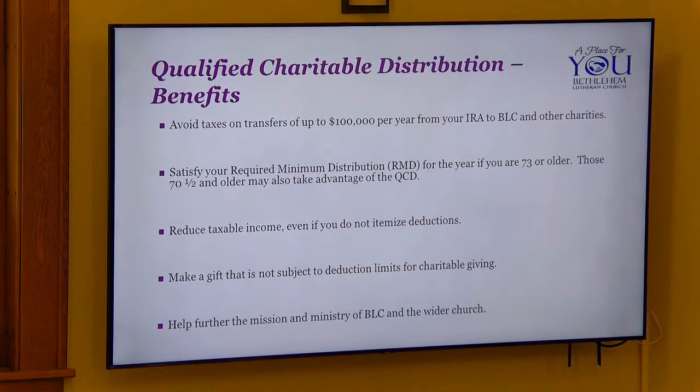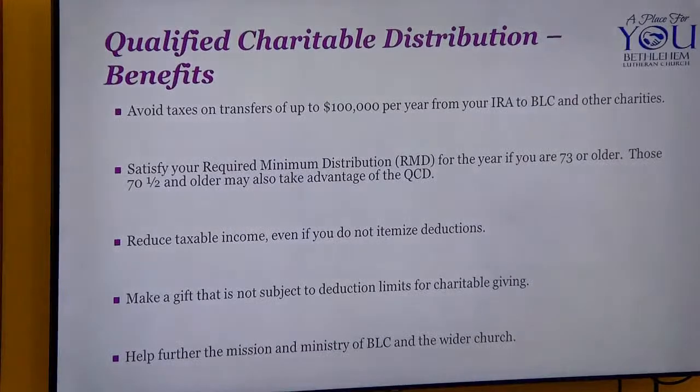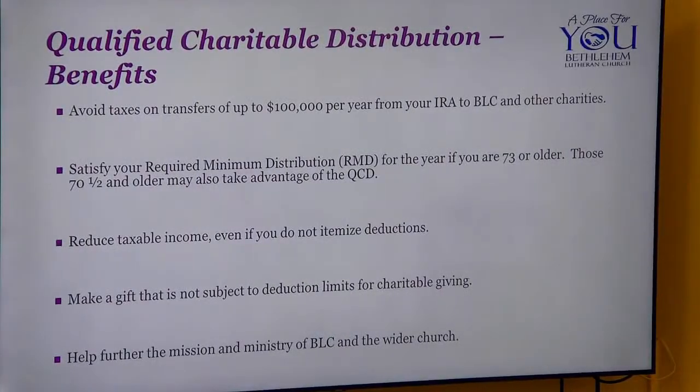All right, so qualified charitable distributions have been around, I think, since 2006 or 2007. And when people say QCD, essentially it is a way of being able to get a tax deduction on your donations, even if you are claiming the standard deduction on your tax return, okay?